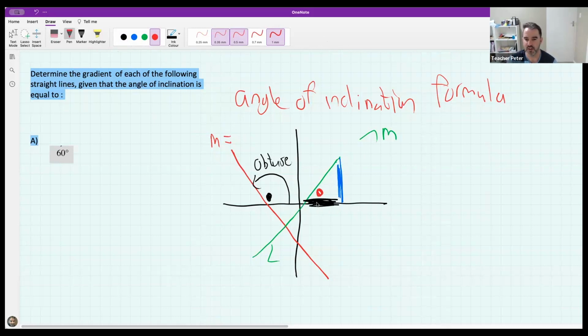Now, we can think of the gradient as being how much do we go across and how much we go up. But there's another way that we can think of this, and that is as O, A, and H. Now, what does O, A, and H remind you of? What section of work does O, A, and H remind you of?